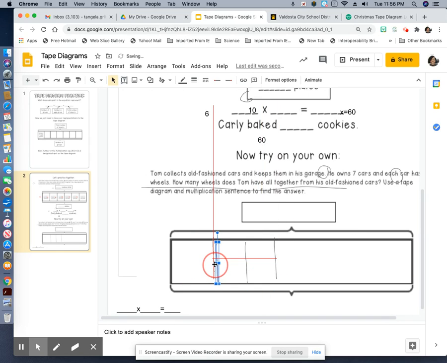Let's make it as even as possible. So that's 2, 3. Move that up. That would be 4. And then 5, 6, 7. All right, so we got 1, 2, 3, 4, 5, 6, 7.